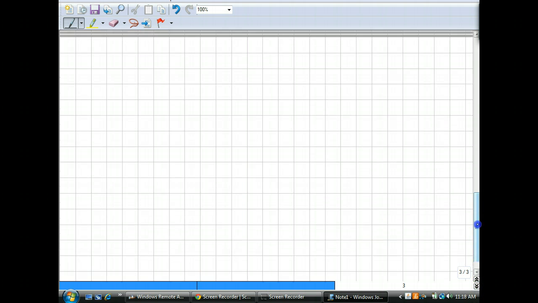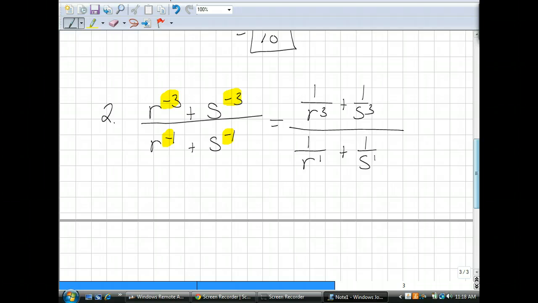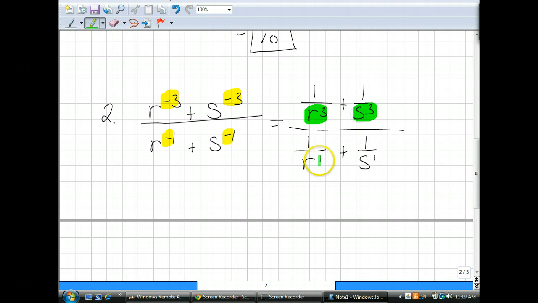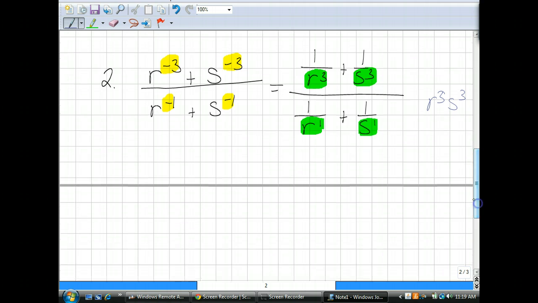Right, now notice that what we have is a complex fraction. So we look at each denominator. We have an r cubed, an s cubed, r to the 1, s to the 1. So the least common multiple of all of those is going to be r cubed s cubed. So we multiply the whole numerator times r cubed s cubed and the whole denominator times r cubed s cubed.